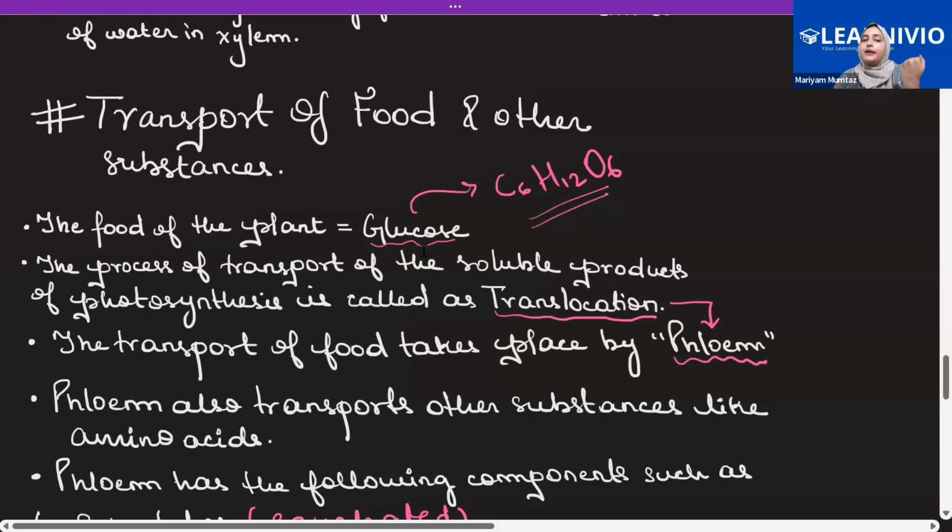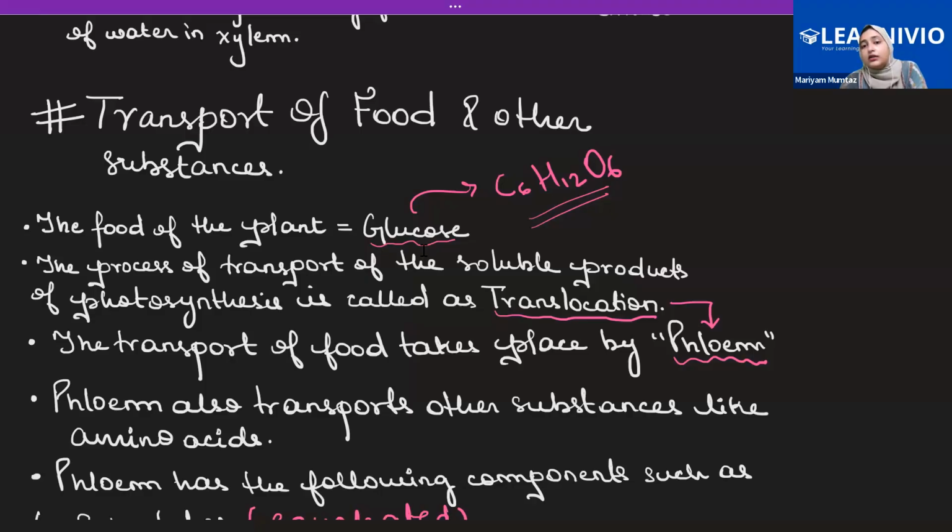After that, talking about the transportation of food. The food gets transported via the phloem, right? And you know that the food of the plant is the glucose molecule, that is C6H12O6. This glucose transportation is a long distance transportation and it takes place via the phloem.